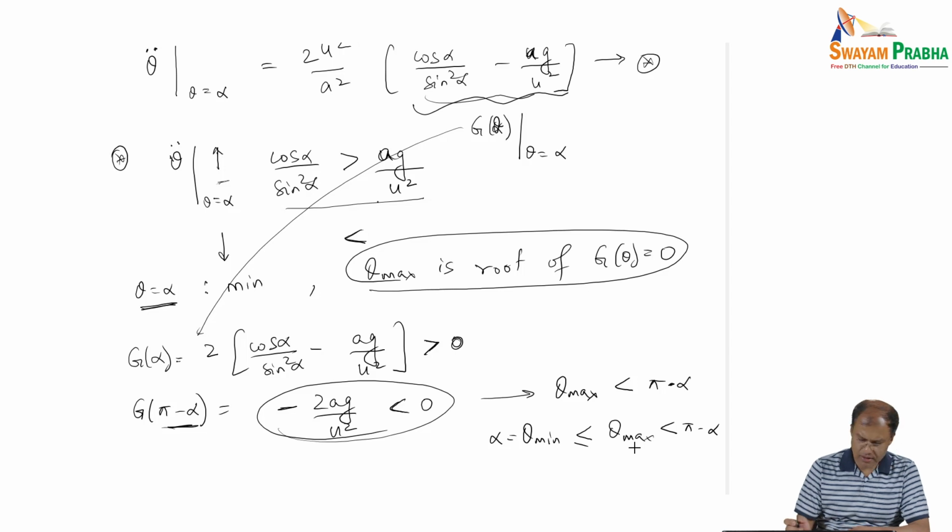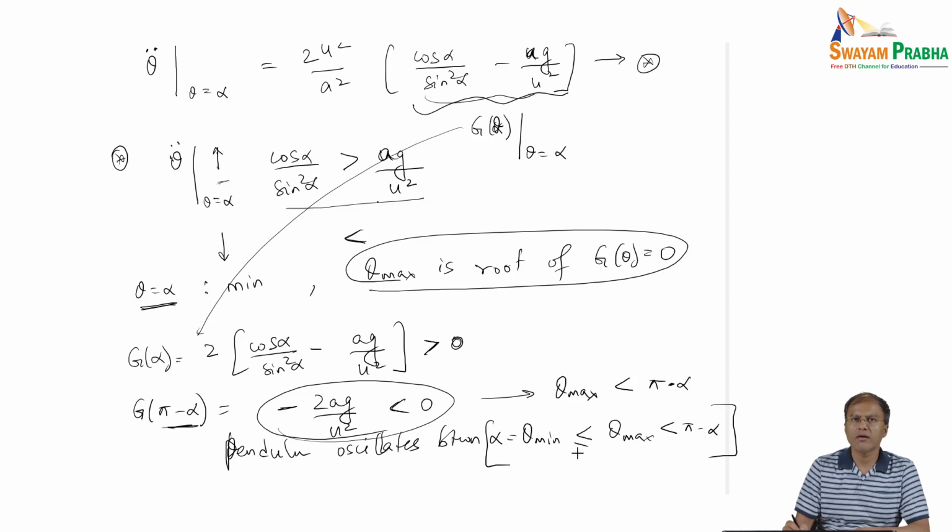And from there we conclude that the pendulum oscillates between this range. Okay, so that is what we have.